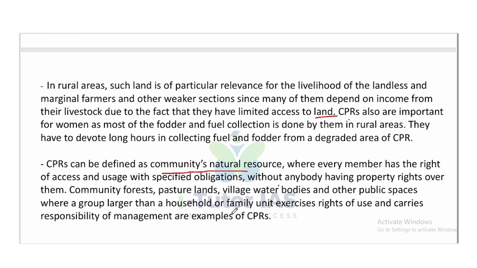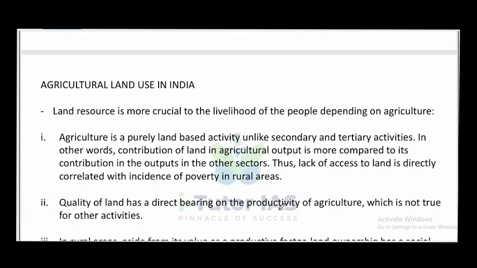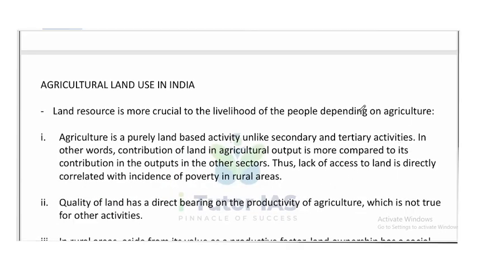Okay, so these are some of the examples of CPRs. Now, agricultural land use in India.